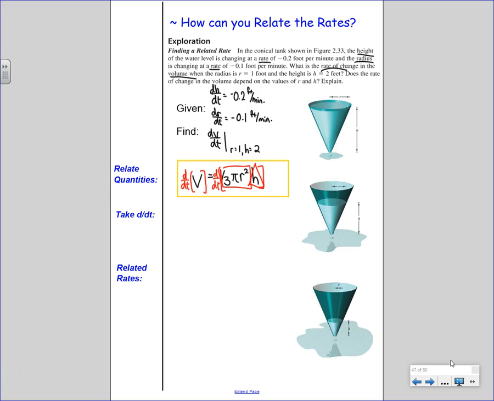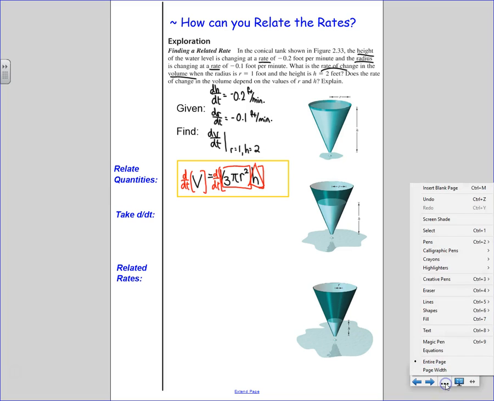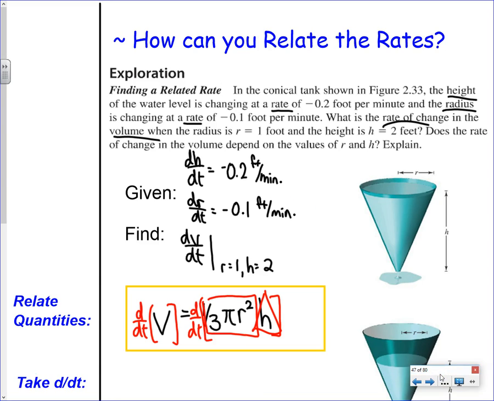So why did I write dh/dt equals negative 0.2 feet per minute? Let me zoom in a little bit. The water level, the height, is changing. The rate of the height means height prime. If you look at the units, height is in feet, and the other variable is minutes, which is time.